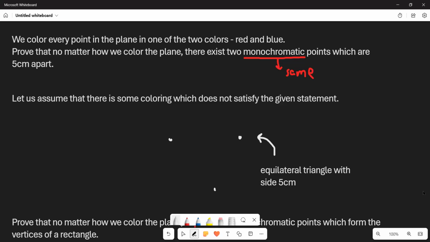Ma'am, I think this is somewhat like the two girls, one boy problem. Okay, well, it's not that hard. It's kind of easy from here. We have 3 points, and each pair is at a distance of 5 centimeters.